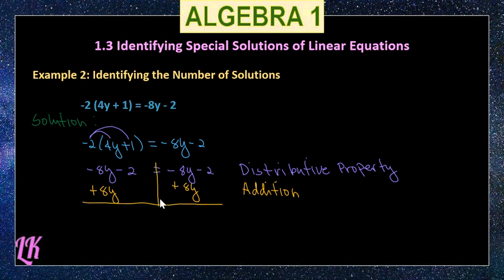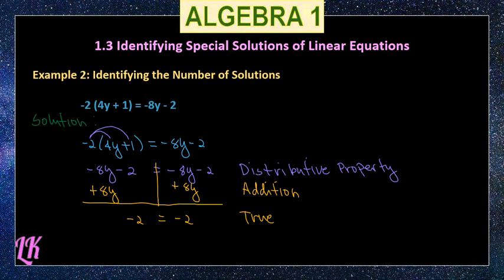So the new equation becomes -2 is equal to -2. And this is a true equation. Therefore, whatever value that we assign to y will always make the equation true.